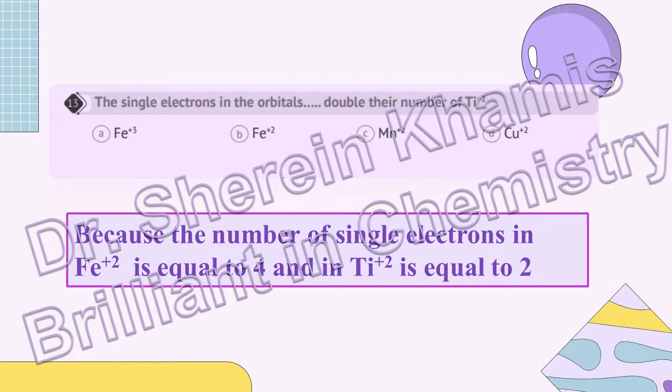This is double the number of single electrons present in Ti plus 2, which equals 2. In titanium plus 2 we have 2 single electrons, and doubling it gives iron plus 2 with 4 single electrons in the orbitals. So the right answer here will be letter B.